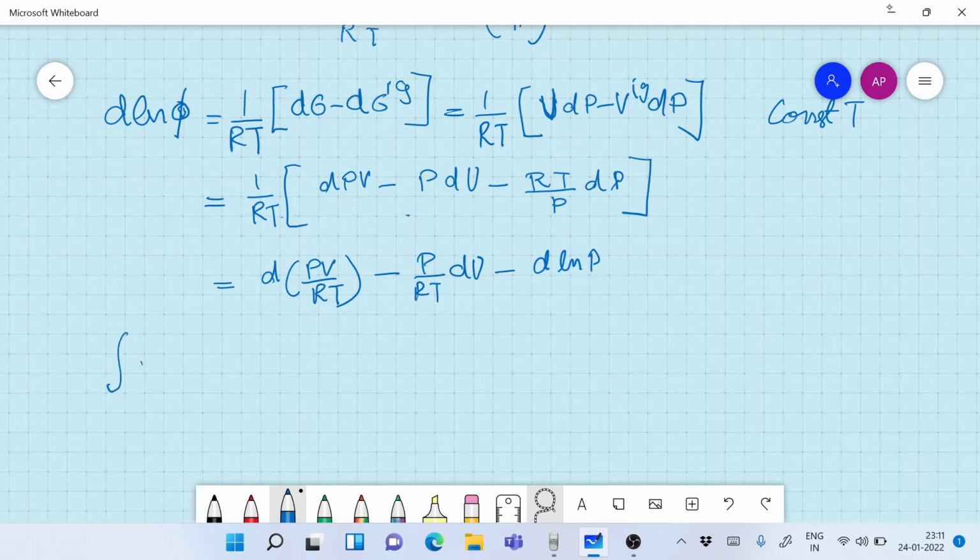Now we integrate the LHS, that is going to be d ln of phi. The lower limit is going to be the state or the gas at pressure and temperature where it's an ideal gas. So we only integrate it from an ideal gas state to a real gas state. Okay, the gas, if it were behaving as an ideal gas at pressure 800 kilopascals and temperature 600 Kelvin, what is the fugacity?